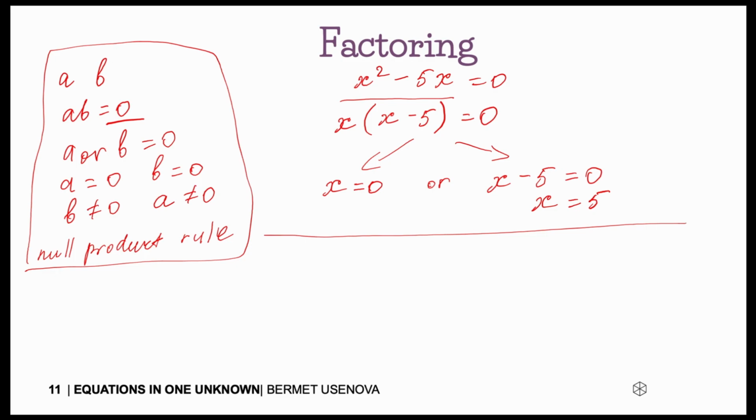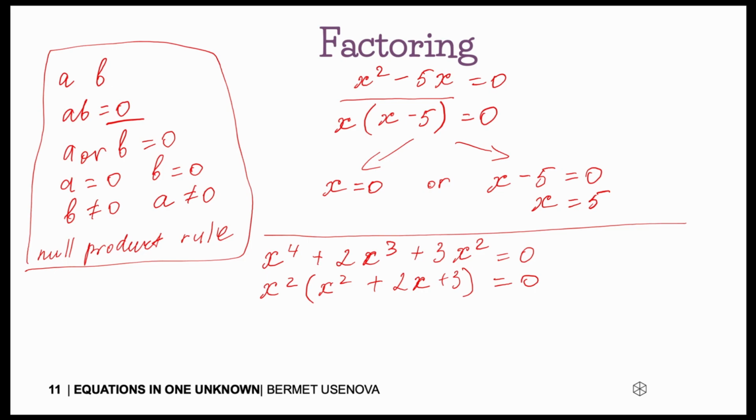The transformation of a term into a product form is called factoring the term. Factors of the form x minus a, where a is a real number, are called linear factors. This method is useful in writing products as simpler terms when you have to calculate roots of a larger expression. For example, if we have this expression here, which doesn't seem like a quadratic expression to us, we can simplify it by writing it as a factor and putting x squared outside of this expression and get this one.